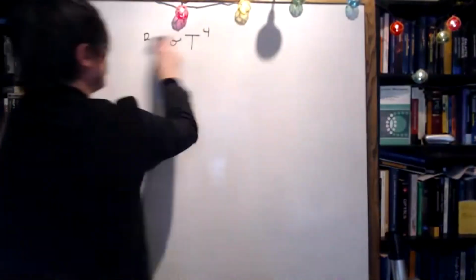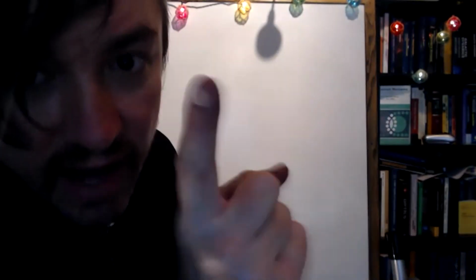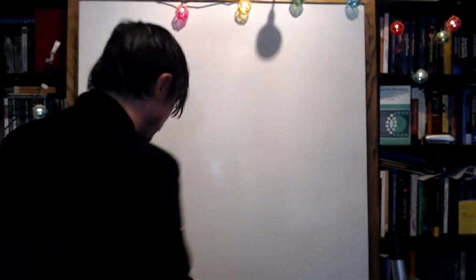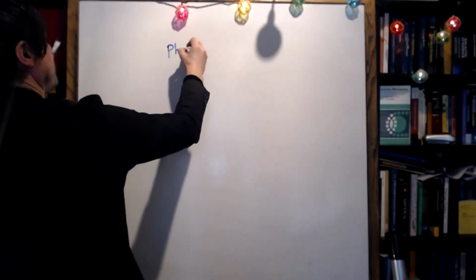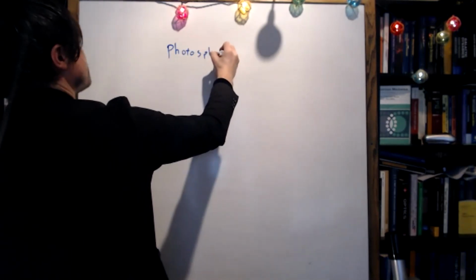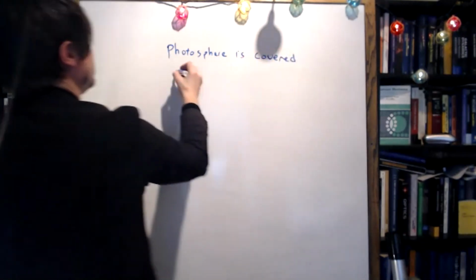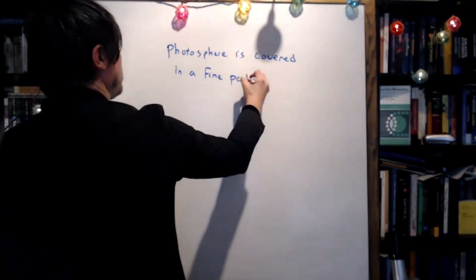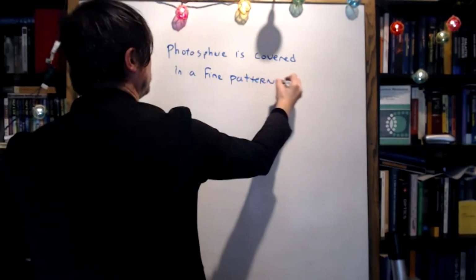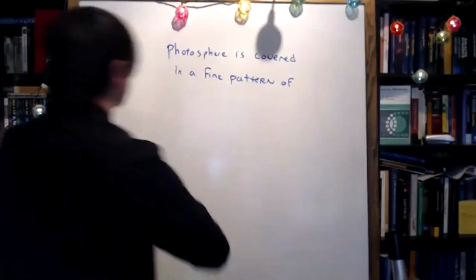In a way, granules are kind of like micro sunspots in that they're cooler than the surrounding plasma, but they are not caused by magnetic fields. So the photosphere is covered in a fine pattern of, wait for your $10 vocabulary word, granules.